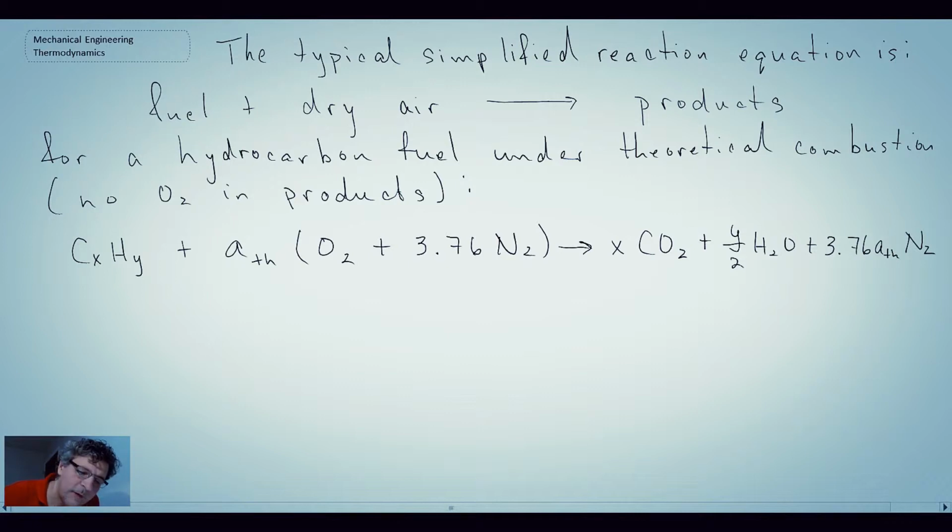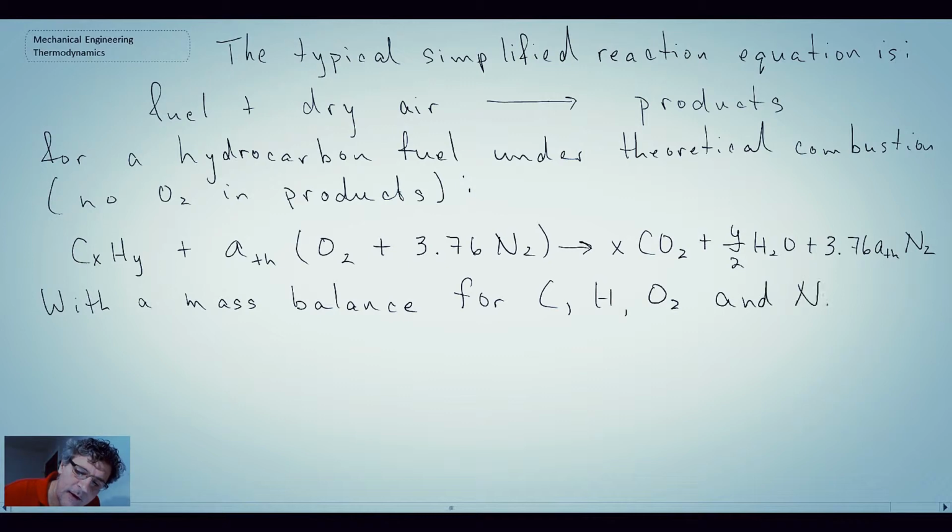So like we would do in any kind of stoichiometric balance, we're going to do a mass balance for each of the different components. So we'll do that for carbon, hydrogen, oxygen, and nitrogen.